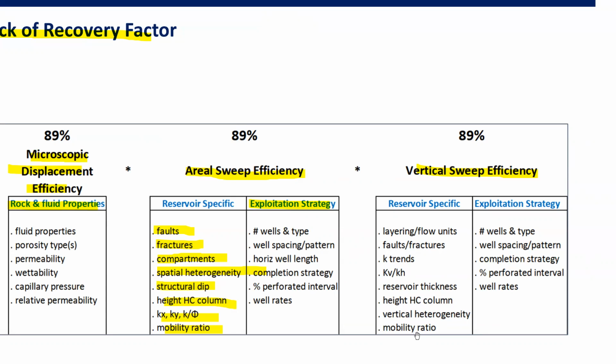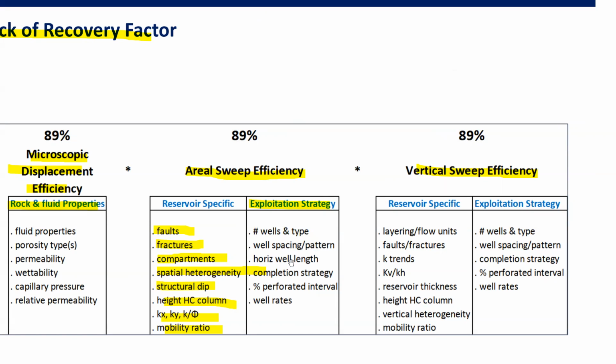And mobility ratio also plays a very significant role in controlling areal and vertical sweep efficiency. And exploitation strategy also has significant impact on the vertical sweep efficiency. Okay, the number of wells, the spacing, the completion strategy, perforated interval, the percentage of the perforated intervals, and production and injection rates.